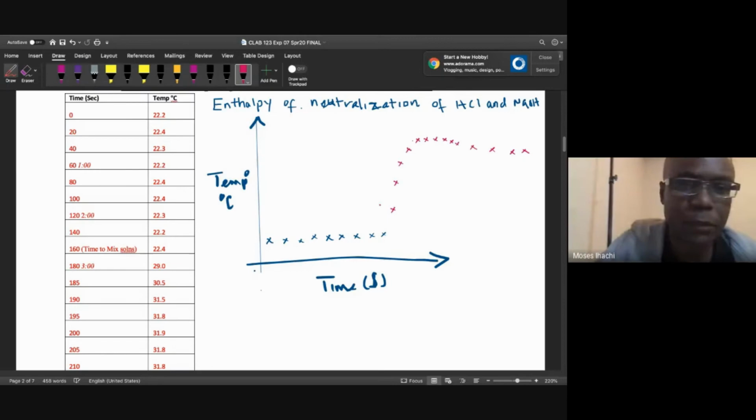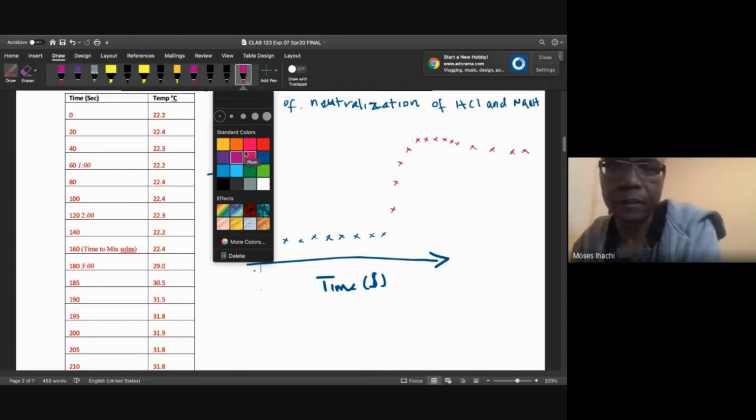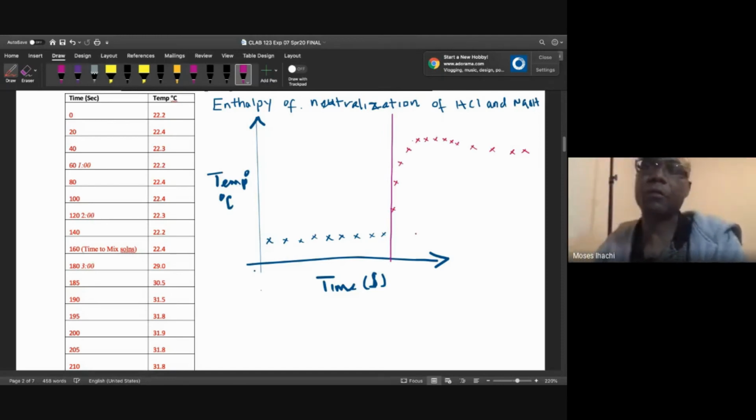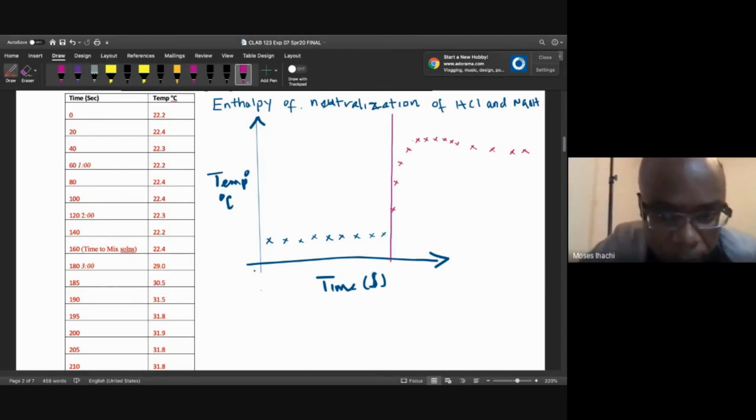So your time of mixing in this case, the time of mixing that you have to show, is somewhere here. Okay, that's your time of mixing that you have to draw with the ruler, and that's gonna be roughly at 160 seconds.